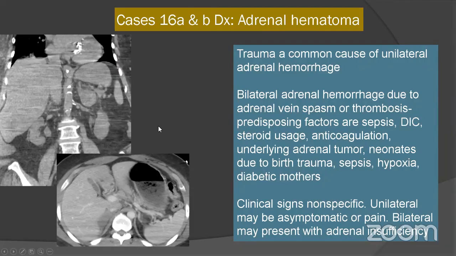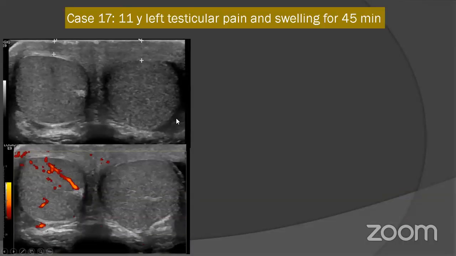And the clinical signs are quite non-specific. They could be asymptomatic or may present with pain, such as in our case who had a motor vehicular accident. But if you have bilateral large adrenal hematomas, they can present with adrenal insufficiency. So in a septic patient, please keep this in mind, the presence of adrenal hematoma.